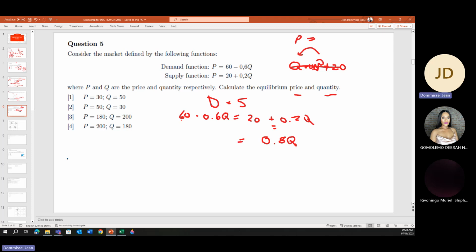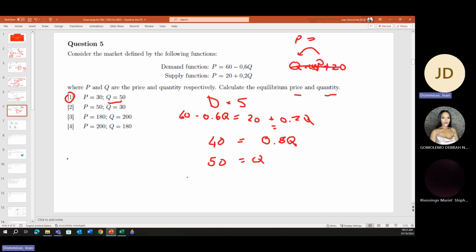Then on this side, 60 minus 20, so I get 0.8Q is 40. If I then divide 40 by 0.8, I get my Q as 50. Okay, Q is 50. We see there's no other Qs that are 50, so that is the right answer.